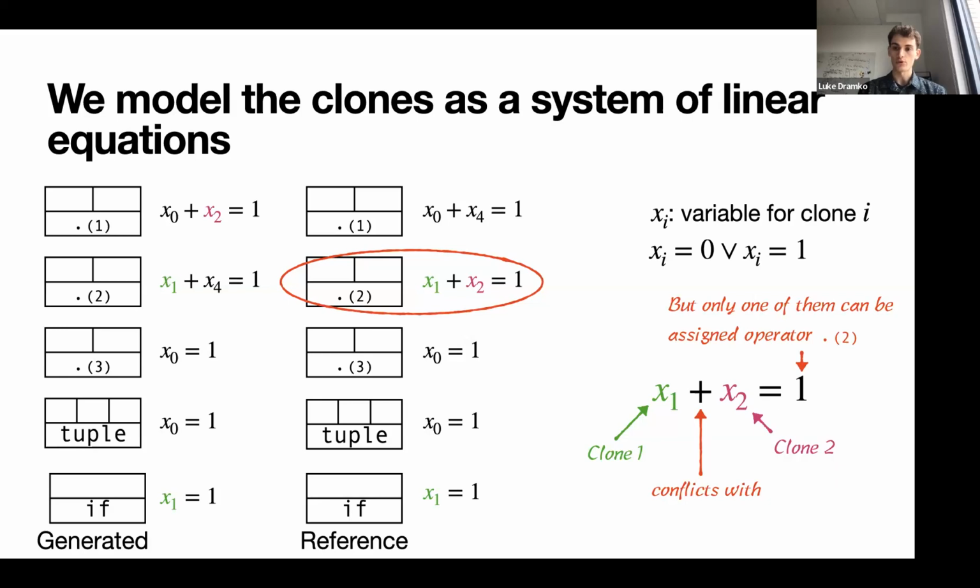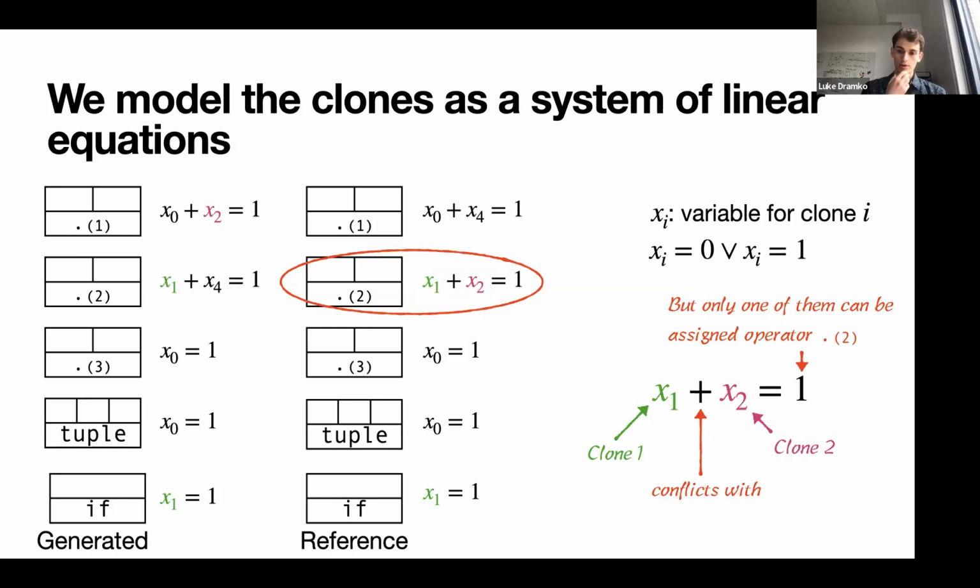And further, only one of them can be assigned that operator, because if more than one were assigned that operator, they would conflict. Now we constrain each of these variables to be either 0 or 1. It's a Boolean thing. Of course, you can't have something be partially in a clone. That doesn't really make sense. So it's either in the clone or not in the clone.